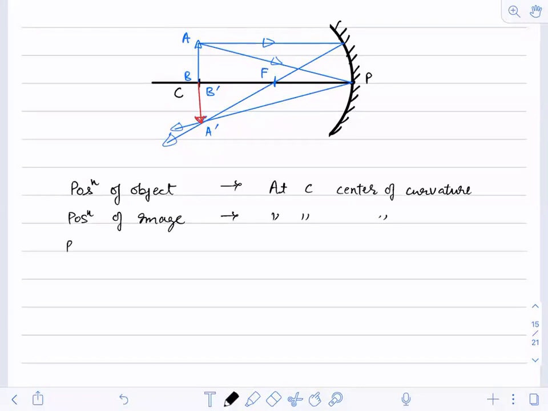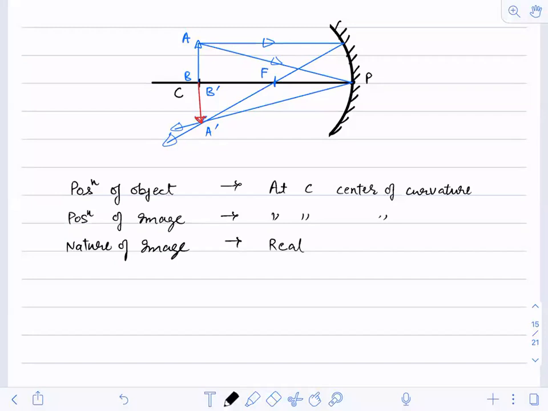Now tell me nature of image. Yes, is it real? Yes, it is real, because the two reflected rays are actually intersecting each other.